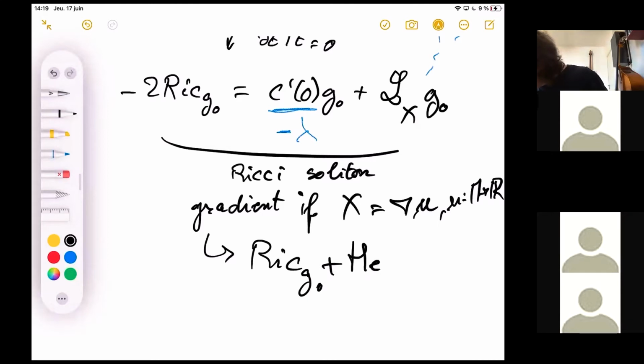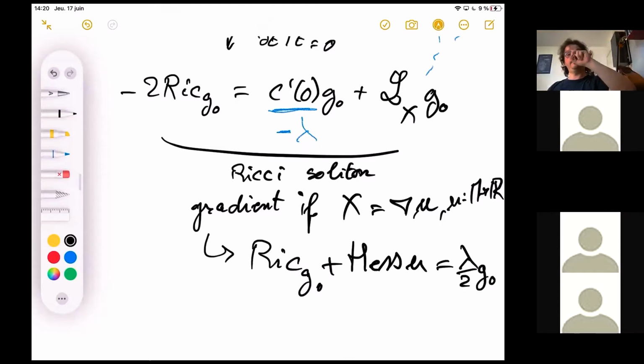Ricci plus Hessian of u equal to lambda over 2 g naught. So this is the equation for a gradient Ricci soliton, and this allows us to build more examples of solutions.